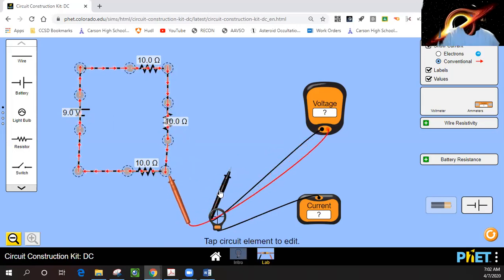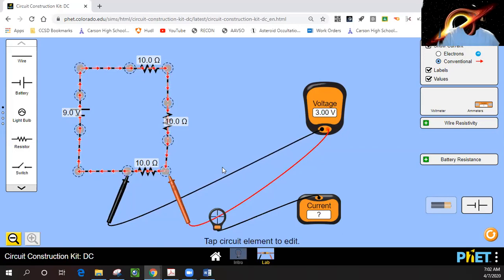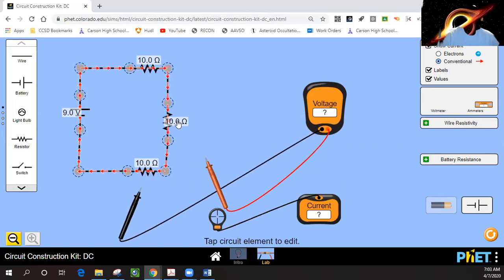And the voltage here is also 3 volts. So the voltage across here is 3 volts, across here is also 3 volts, and across here is also 3 volts. So 3 plus 3 plus 3 equals 9 volts.